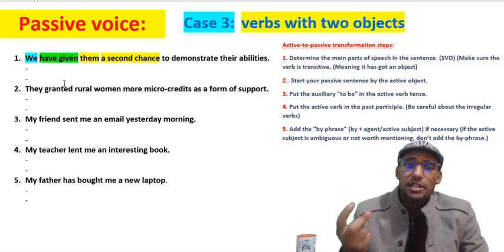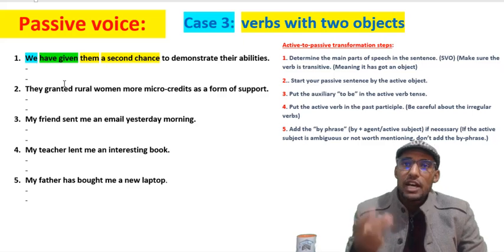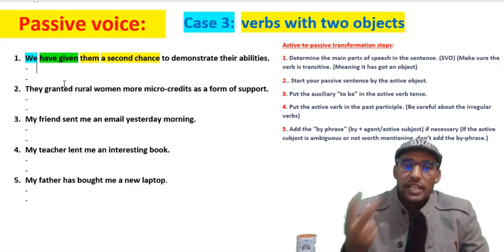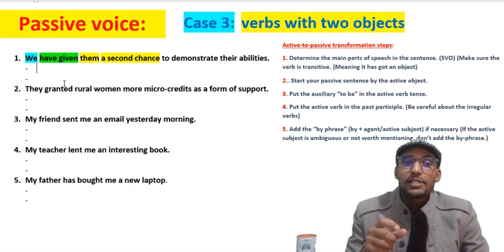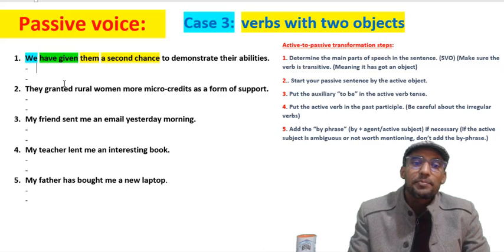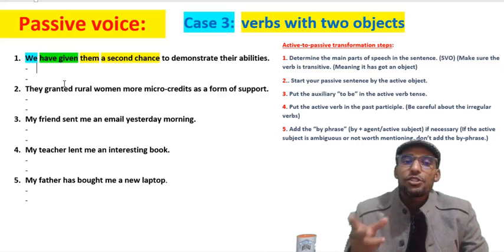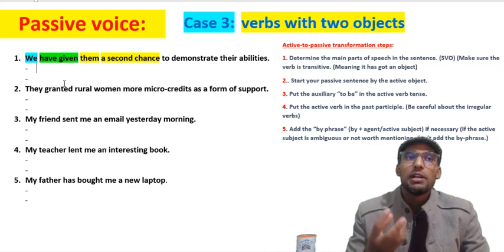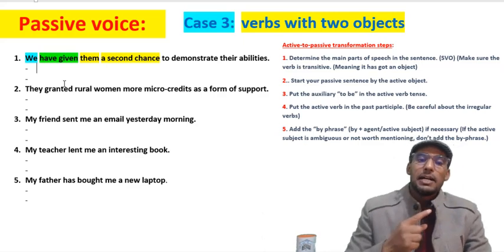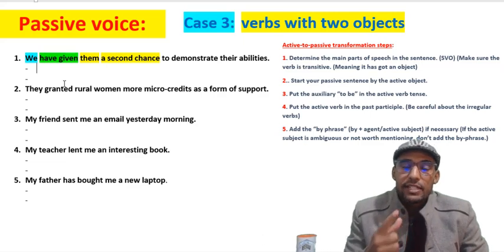We can start either with the direct object, a second chance, or the indirect object, the recipient of the direct object, them. And of course, if we start with them, we have to turn it back to the subject pronoun they. So pay attention here: them, I have to turn to they.